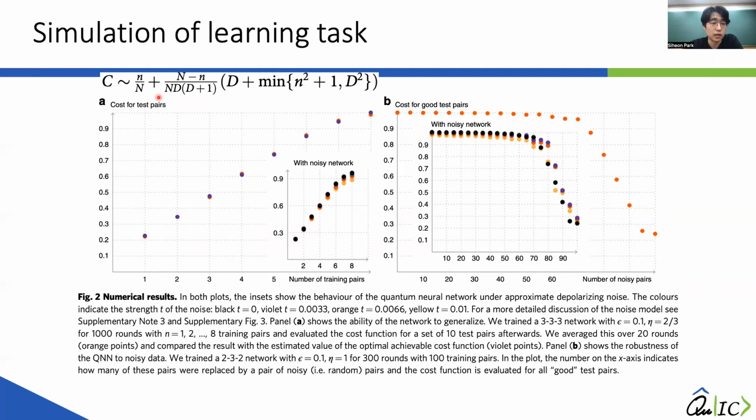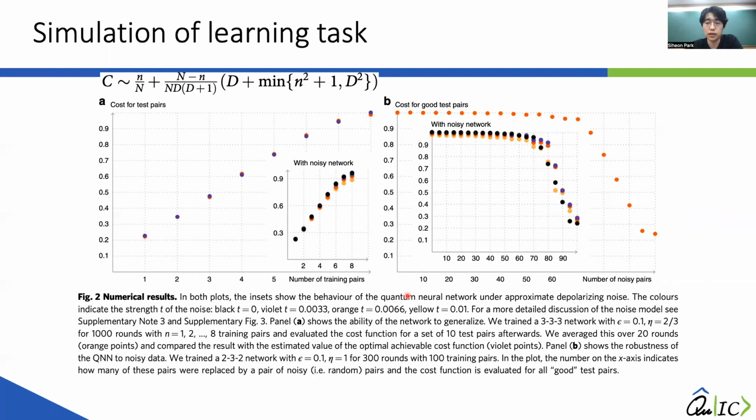Here it shows the comparison between the theoretical limit and the simulated, optimized cost function, which really agrees well across all the numbers of training parameters. So it shows that it's well trained, right?